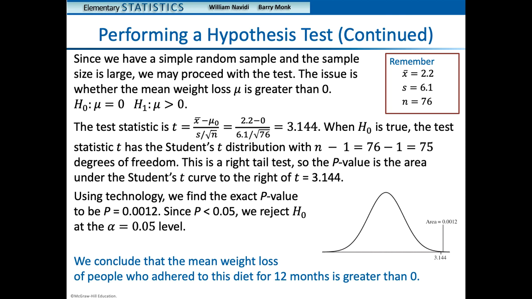So as you can see, the basic structure of how the test is conducted is the same. The only difference is the test statistic is now a t-value, and the p-value is an area under a t-distribution curve, not a normal curve.